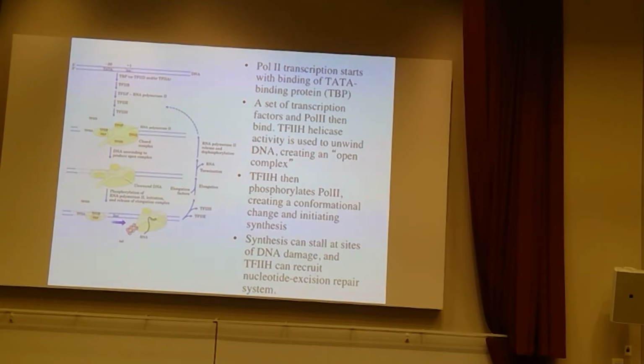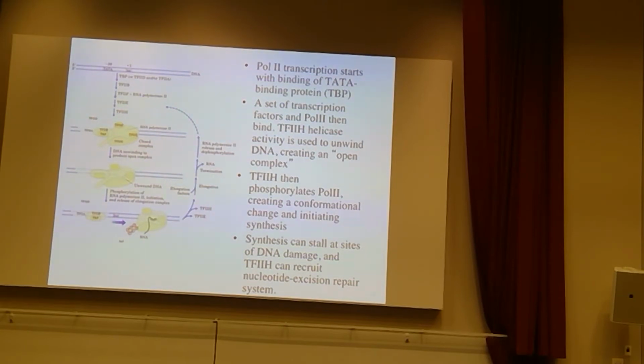Helicase activity is required to create the open complex, and this creates that transcriptional bubble that we were looking at before in the prokaryotic system. And at that point, we can hyperphosphorylate a region of the polymerase, and that provides a signal for the polymerase to actually begin moving down the DNA template and begin cranking out the RNA product as shown here in green.